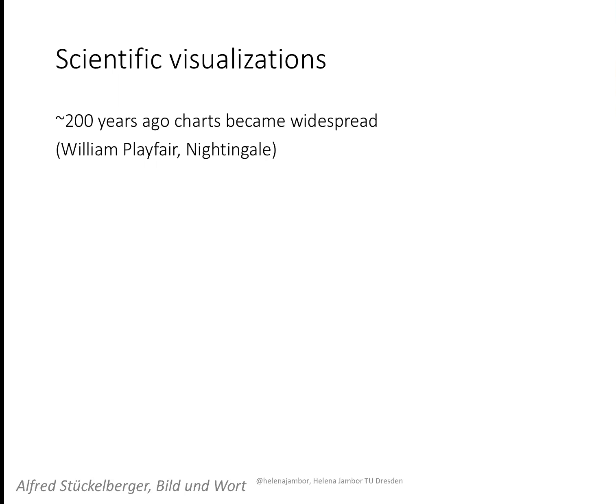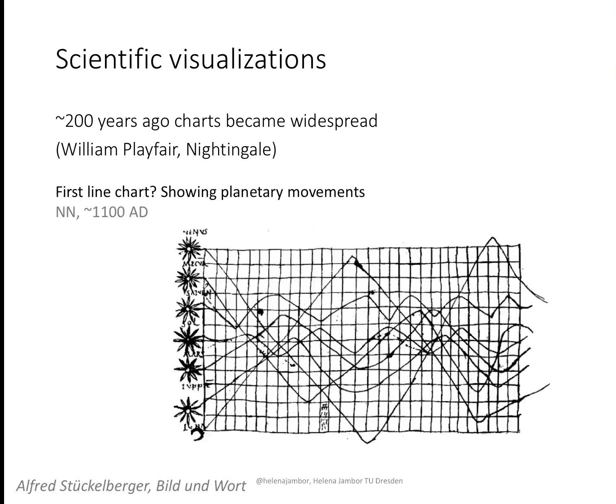In the database world, however, there's one visualization that is considered the very first line chart, and it shows the planetary movements. We do not know who designed it, but it very nicely captures the different relative movements of the planets.